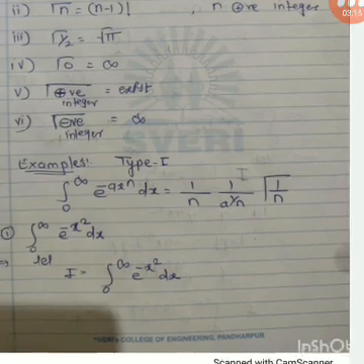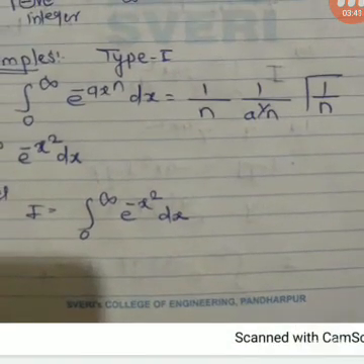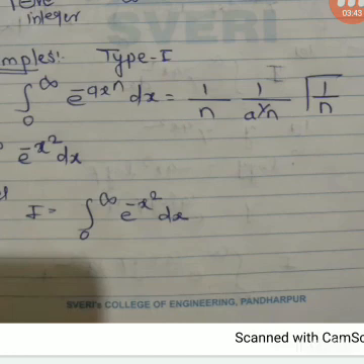Okay, next let's see the examples of the gamma function. There are a total of four types of examples in the gamma function. Let's discuss the first type, type 1, that is the integral from 0 to infinity of e raised to minus a x raised to n dx, which is equal to 1 upon n a raised to 1 by n times gamma of 1 by n.